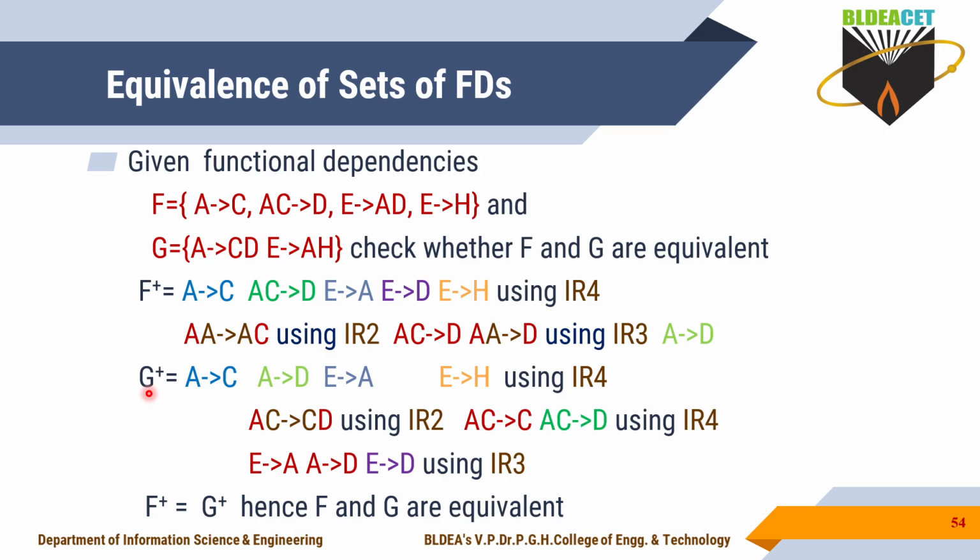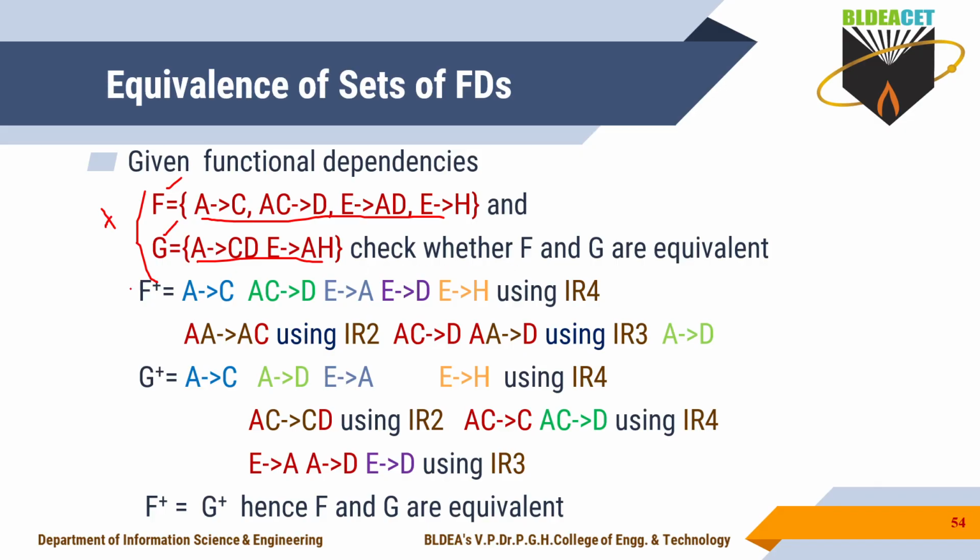So you may have the question, why is madam doing all these things? Simple. If I see F and G, are they equivalent? Are all the functional dependencies available in F also available in G? No. If I ask whether these two are equivalent or not, you can say that these two are not equivalent, but you can't tell like that.